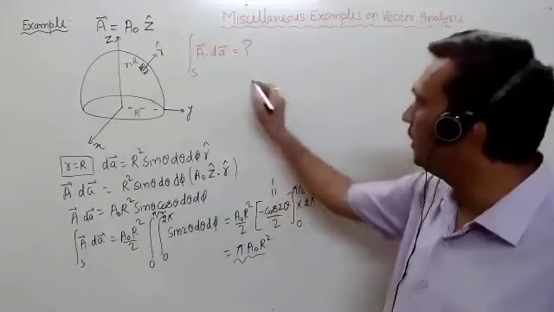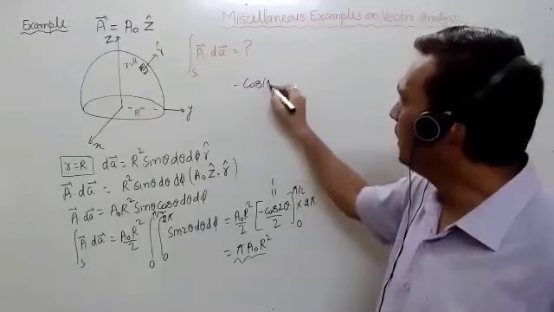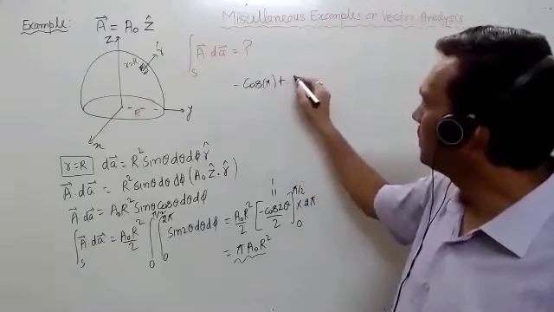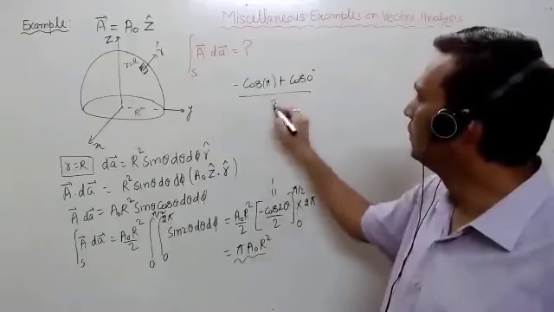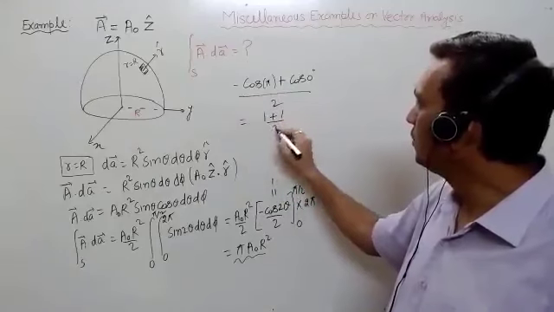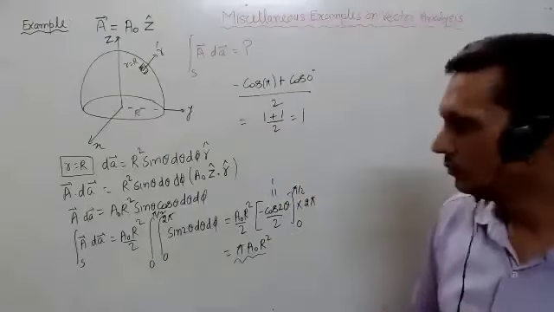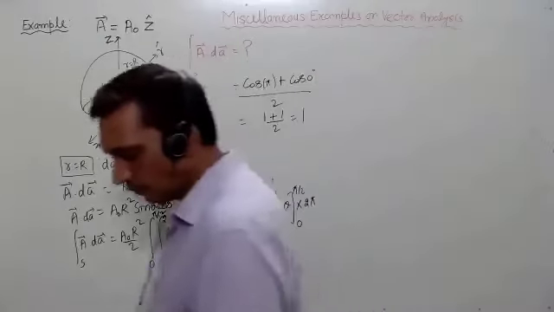So it is minus cos pi and then plus cos 0, by 2. So this is 1 plus 1 by 2. This will be 1. You can easily check.